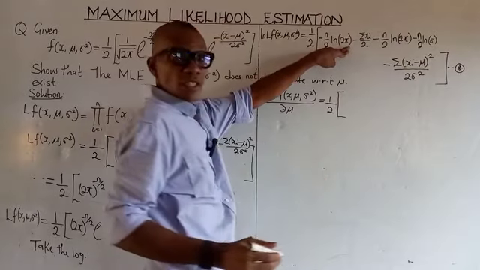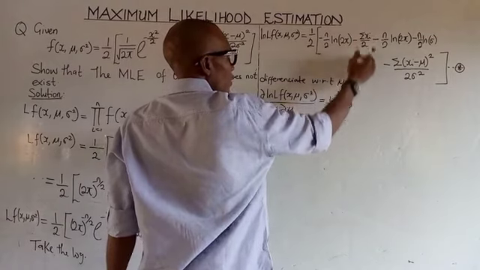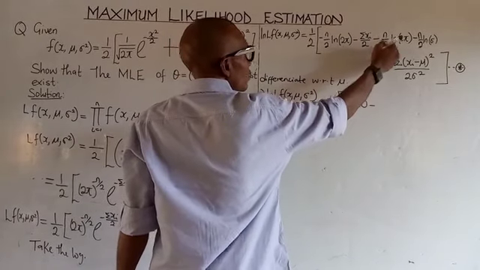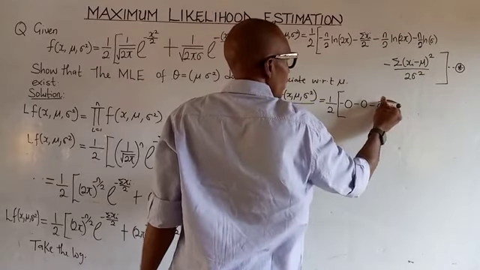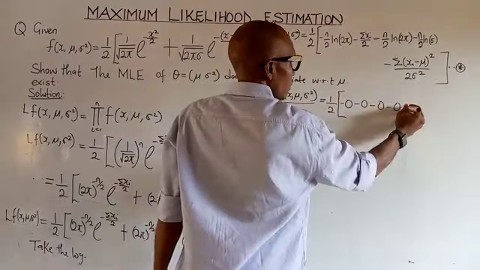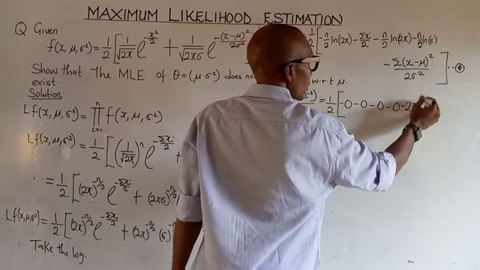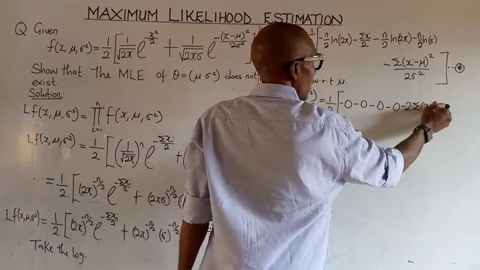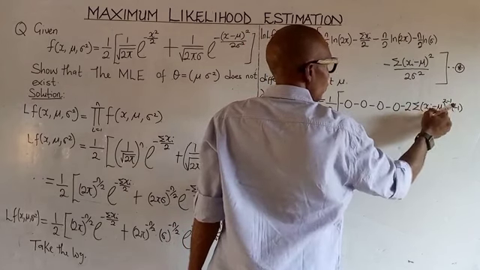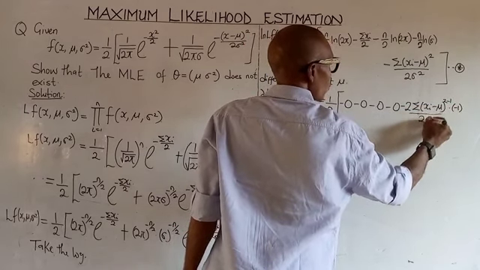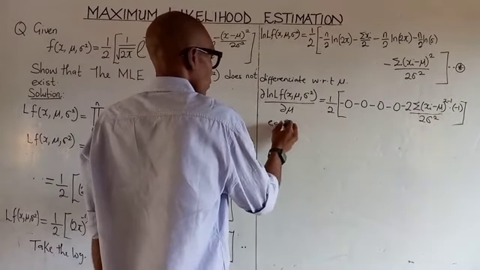If we differentiate this, because there is no mean, we have minus 0. We differentiate this, there is no mean here, minus 0. We differentiate this, since there is no mean, we have minus 0. Including this, there is no mean, we have minus 0. If we differentiate this, we get minus 2 xi minus mean times minus 1 because of the mean, all over 2 sigma squared, equating to 0.